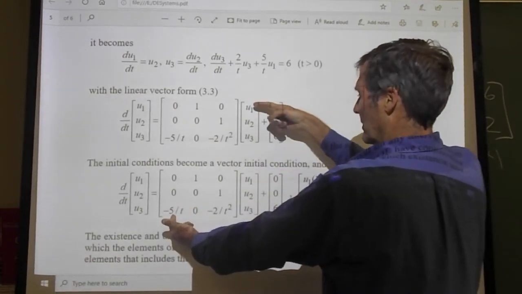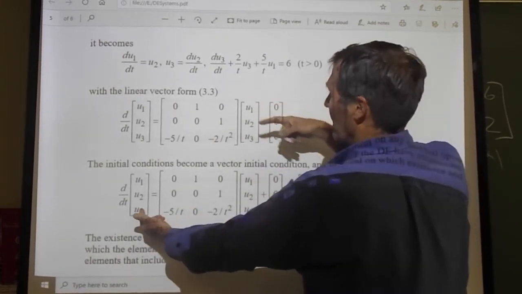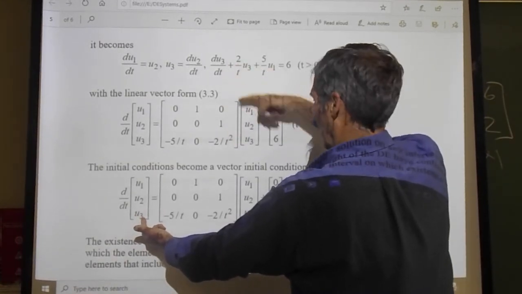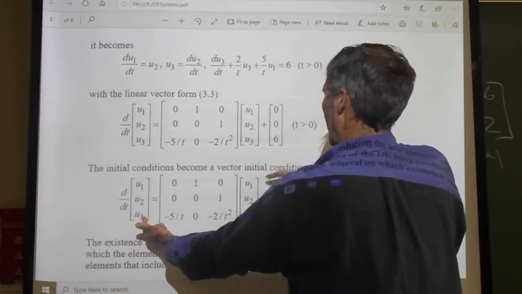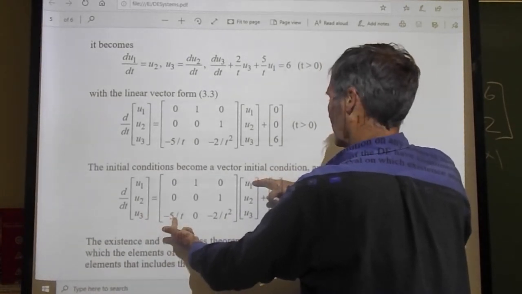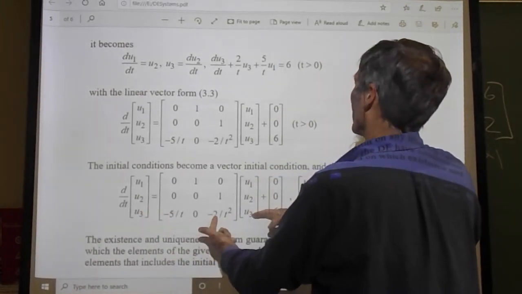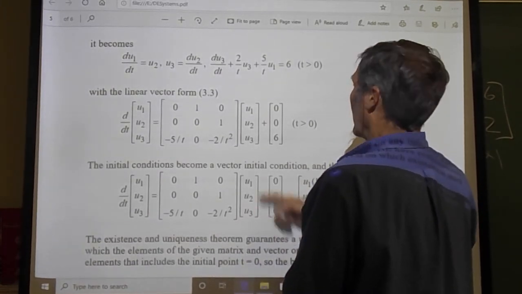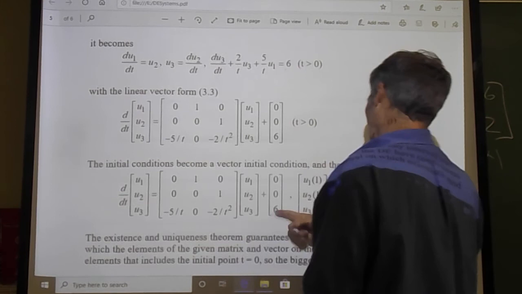And similarly, then the differential equation, du3/dt, and I put these over on the other side here, and you get minus 5 over t u1, minus 2 over t squared u3, and then plus the 6 over here.